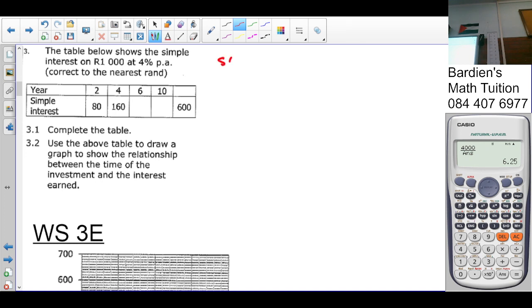SI is equal to P times R times N over 100, and what is your P value? 1,000 Rand multiplied by rate 4 times 6 over 100, and that gives you what? 240. No?